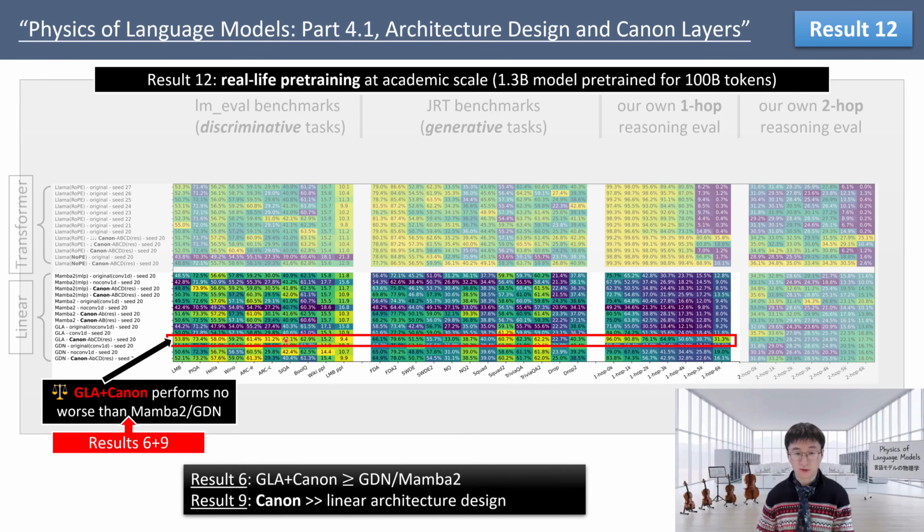And here, you see it. Some people may already use this table to conclude that GLA plus Canon performs the best among all the linear models. But I don't want to overemphasize that because we have a lot of random noise. So I just want to say that it's no worse than any of the other linear model configurations. This calls back to result 6 plus 9.